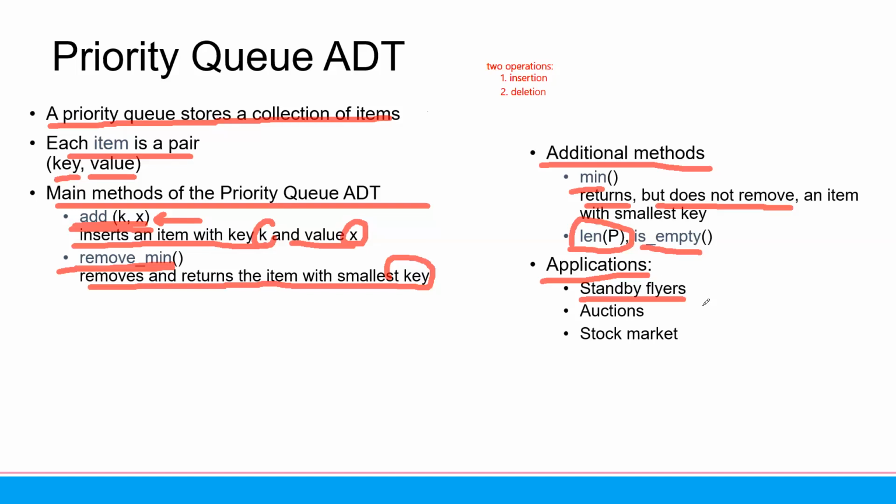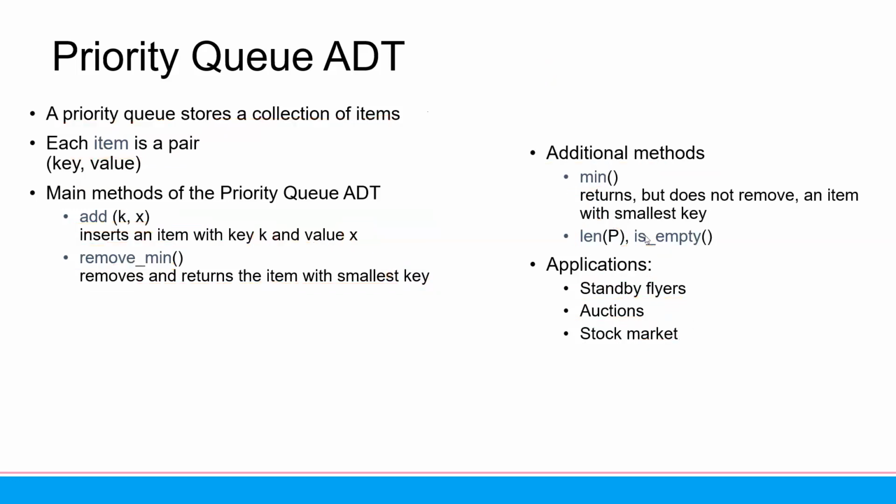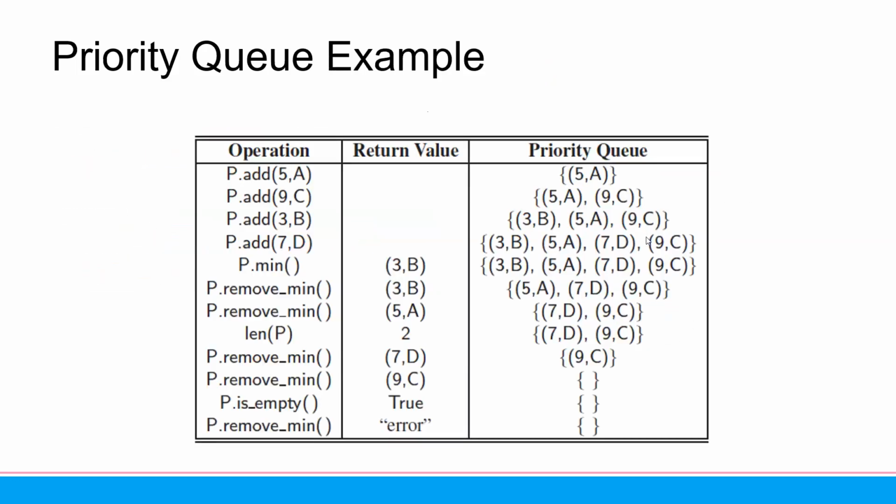So the first one can be the flyers that you will give to the customer. Or maybe the more realistic example is auction. So whenever you do auctions, the best price will go to the customer. Or the stock market. So if you know the stock price is high, and then of course you want to buy or you want to sell. So there is a kind of priority whenever you do this kind of queue.